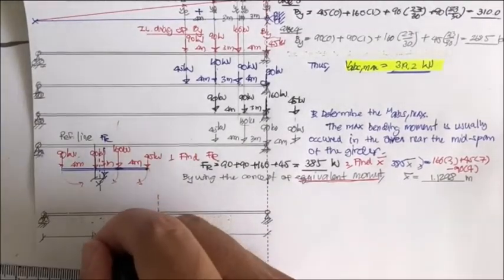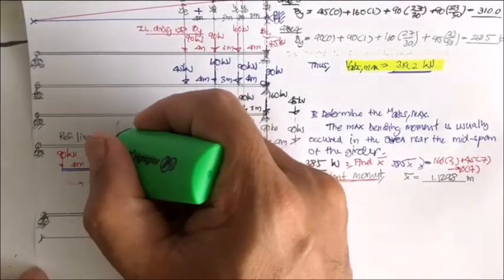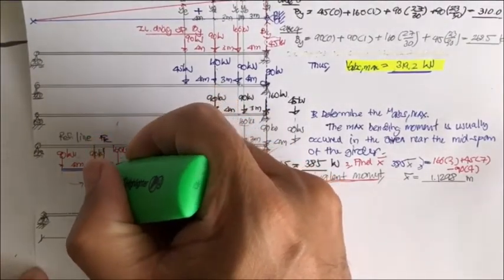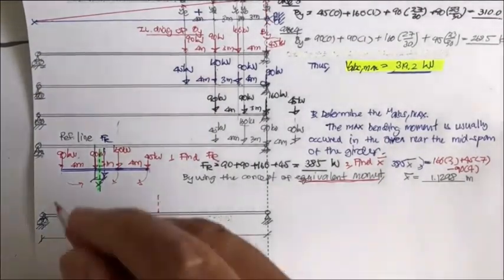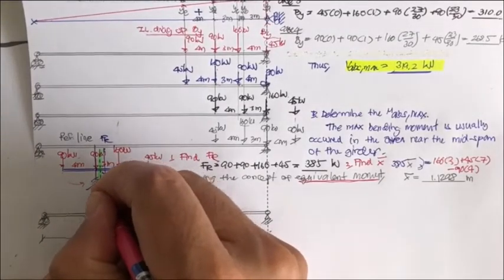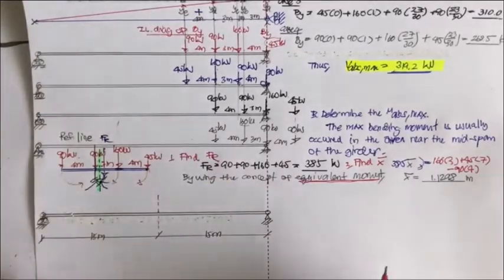and 15 meters. What we have now is we are going to put half of the x bar. What is going to be half of the x bar? If you divide x bar by 2, the distance here and the distance here are going to be what?